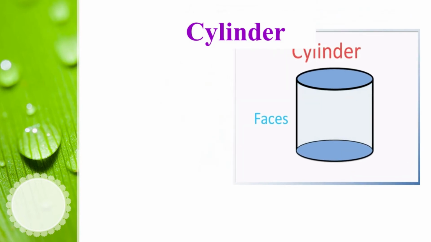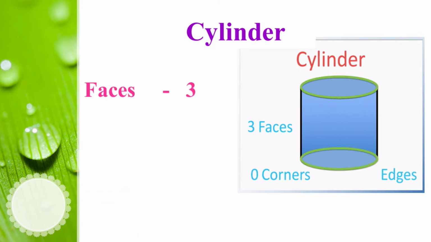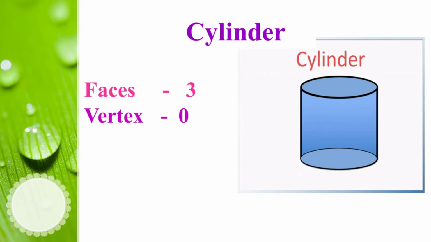Let's study about cylinder. This is the cylindrical shape. It has 2 circular faces, 2 edges and a curved face. It does not have vertices at all. Therefore, number of faces is 3. There is no vertex. Therefore, it is 0. Edges are 2.